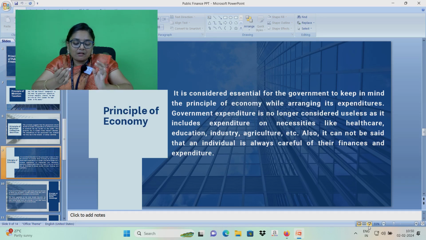Hence, it is essential for the government to consider the principle of economy. As government expenditure is no longer considered useless for agriculture, industries, education, healthcare, etc., it cannot be said that individual persons who take care of such things also manage their finances and expenditures carefully. So there is a possibility of carelessness on the part of individuals too. So it is important to manage the principle of economy.